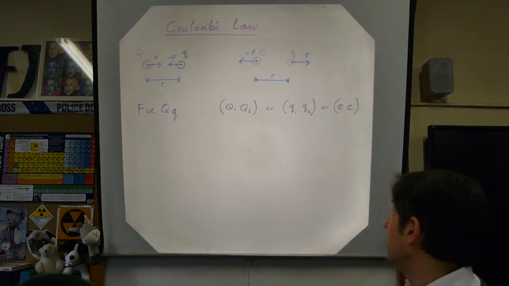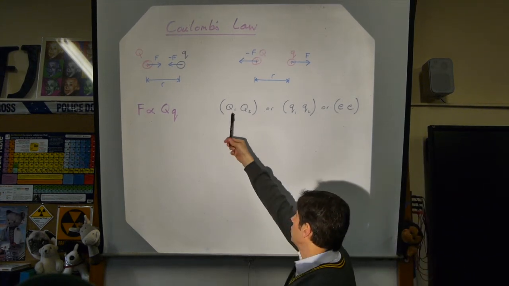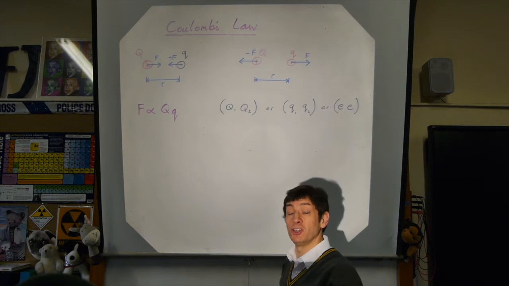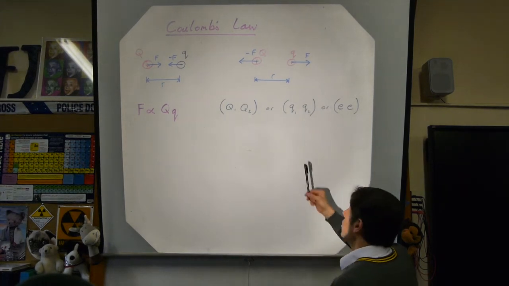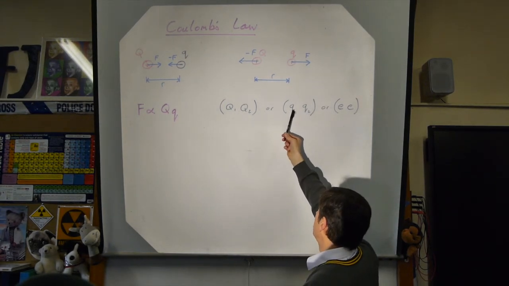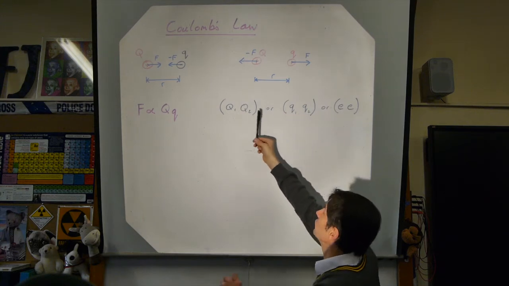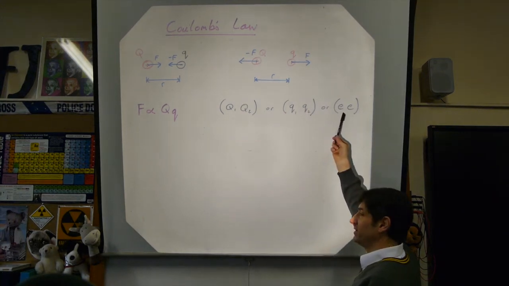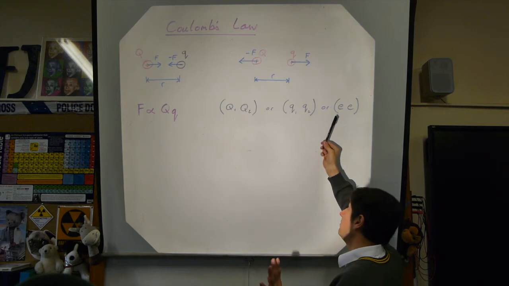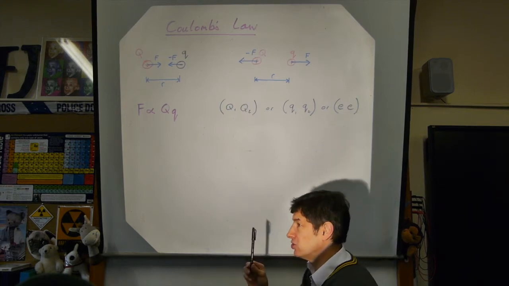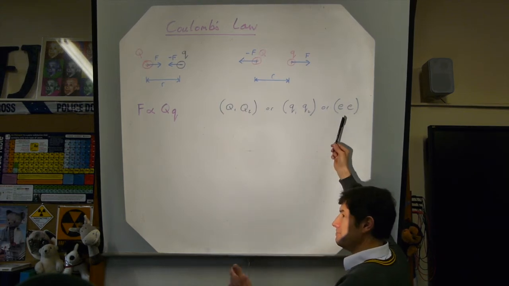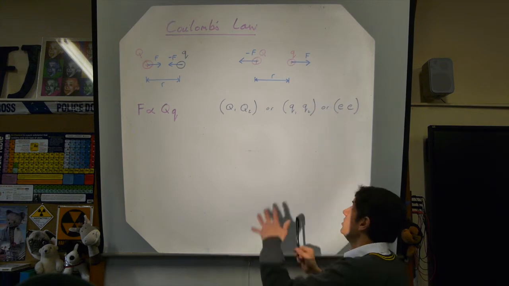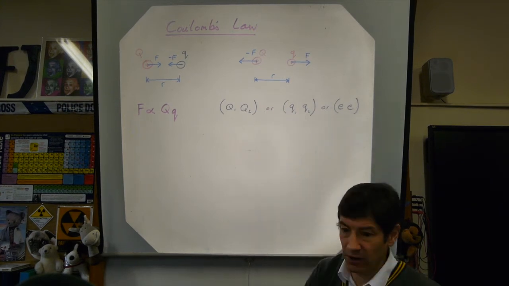So very quickly, this was my rant about the charge on the first one, charge on the second one, usually quite large quantities of charge, much more than the charge on a proton. Or it could be a small charge and a small charge. It could, of course, be big Q and little q. Or it could be the charge on, now this is a fundamental charge, remember, not the charge on an electron, that's minus e, the charge on the proton and the charge on another proton. You can use lots of different letters.